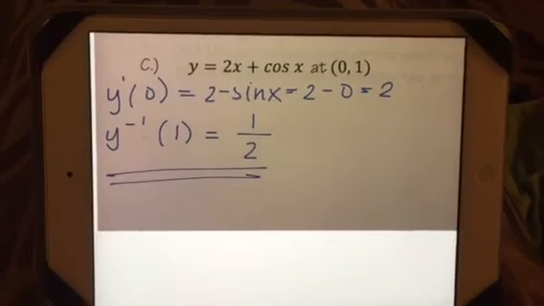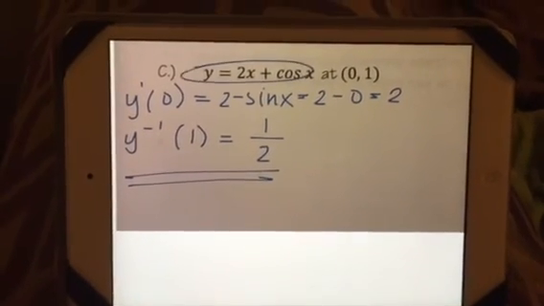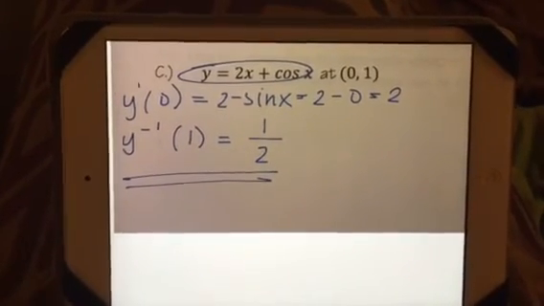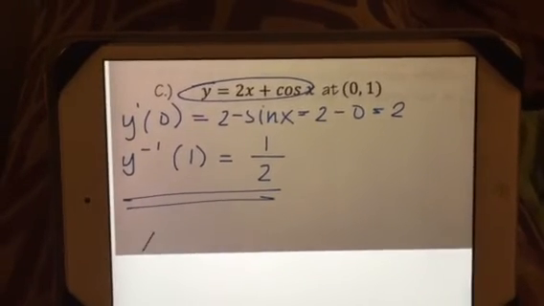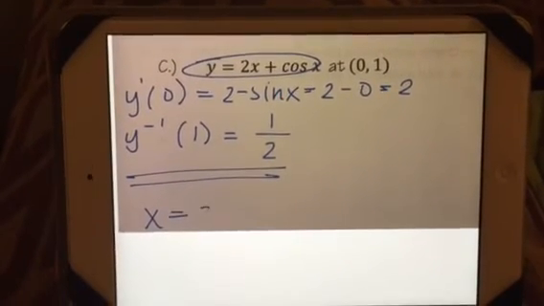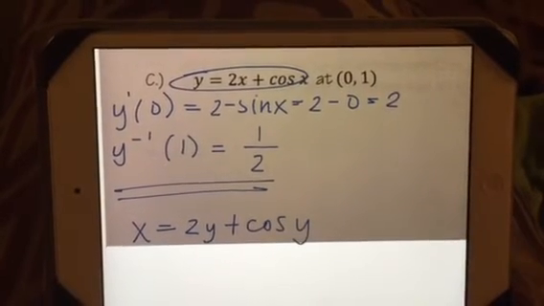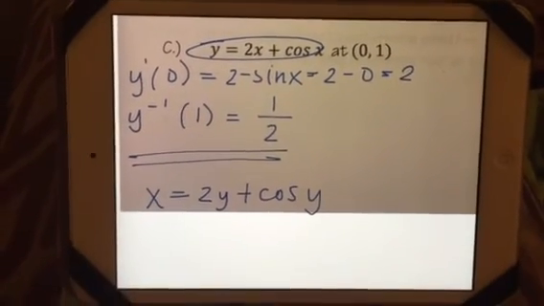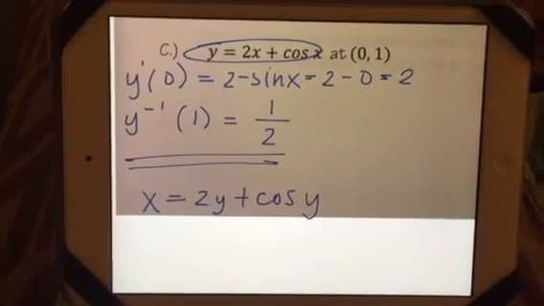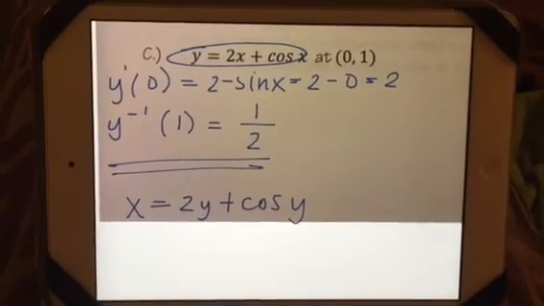And we're actually going to stop here because this is a tricky function to find the inverse of, because we would have x equal to 2y plus cosine of y. And up until this moment, we don't have enough tools to really solve this inverse.